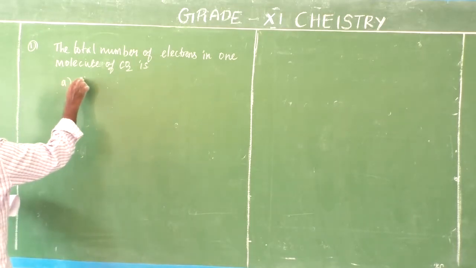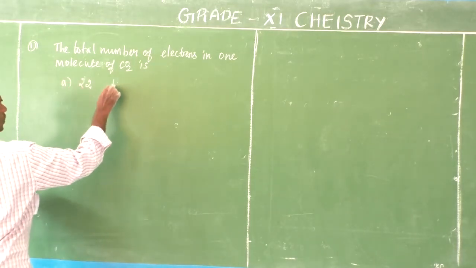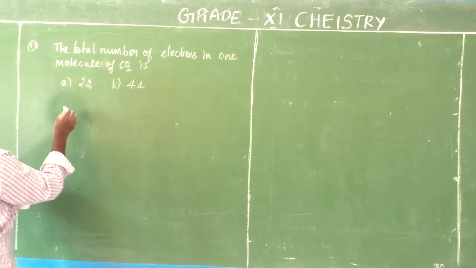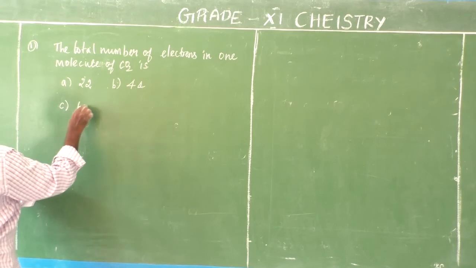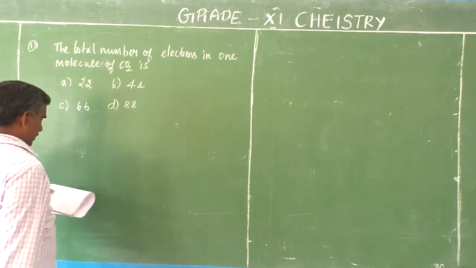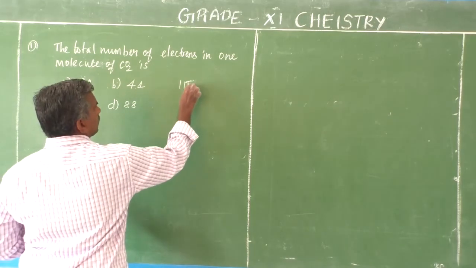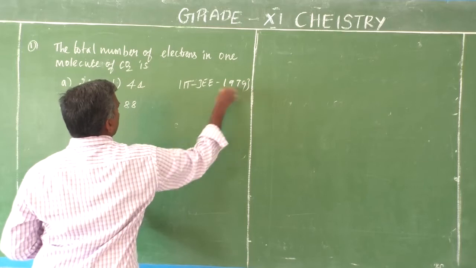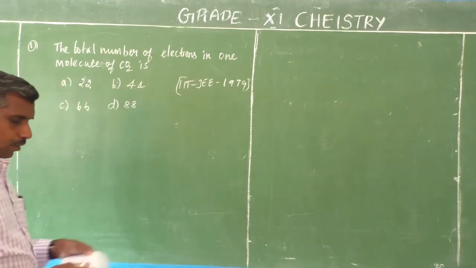Option A 22, option B 44, option C 66, option D 88. This is an IIT JEE 1979 problem, an MCQ question.